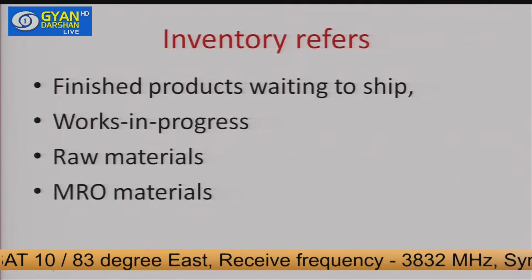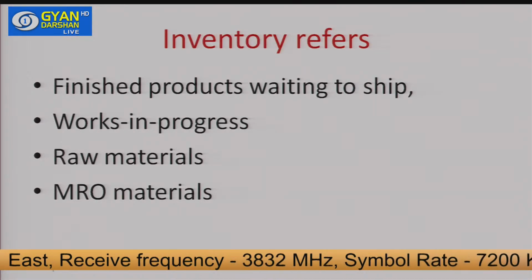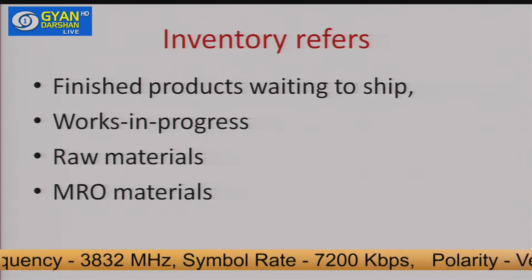Fourth type of inventory is your MRO. The full form of MRO is maintenance, repair and operation materials. You will appreciate that working in a manufacturing company, besides machines, material, and manpower, you need a certain quantity of material or parts which will be used in the maintenance of the machine.